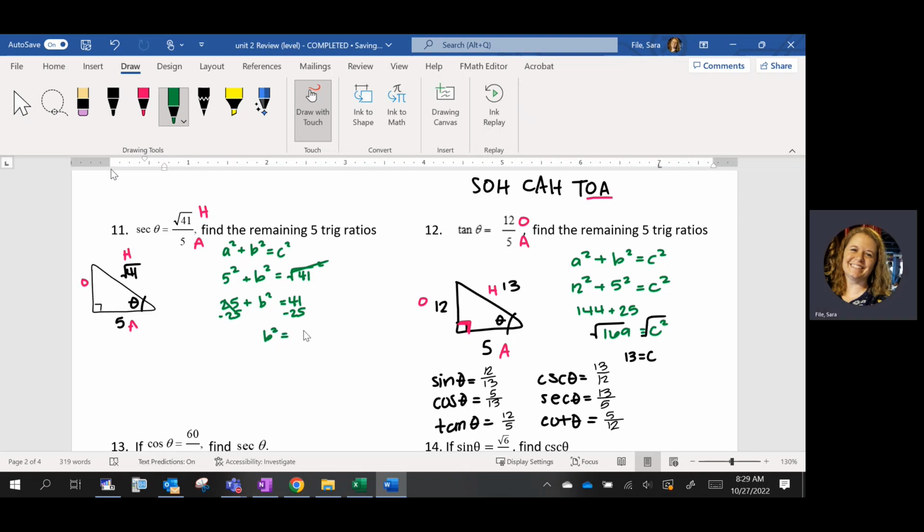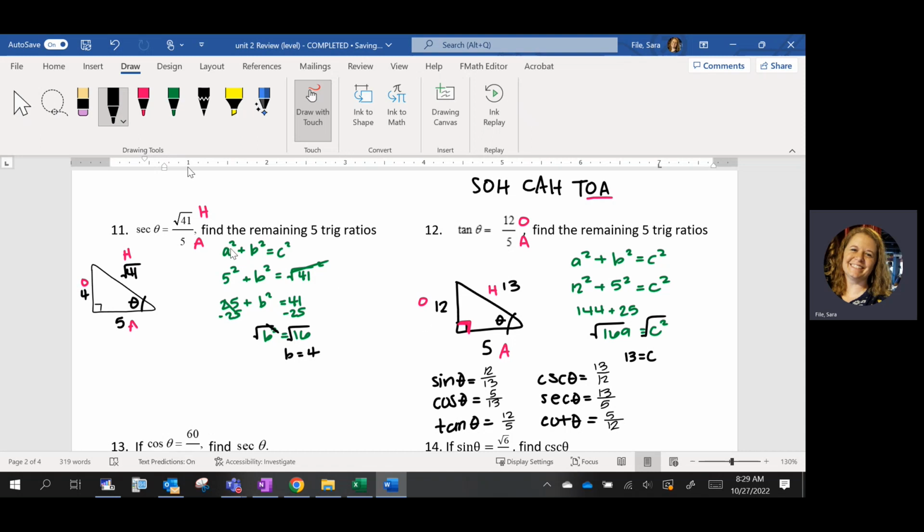So what do you get b squared is? 16. And then I take the square root, and this one comes out nice and clean again. Square root of 16 is 4. So I've got 2 whole numbers for the legs and a radical for the hypotenuse.